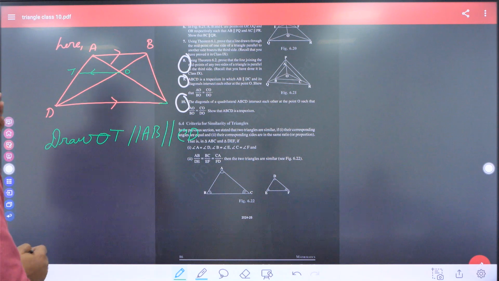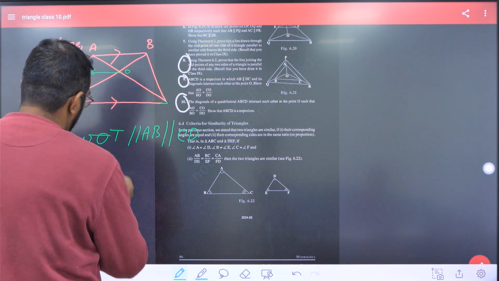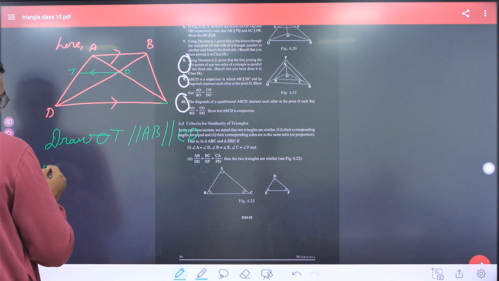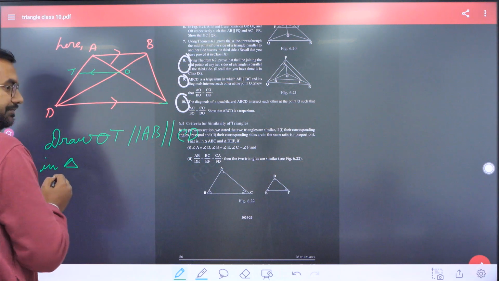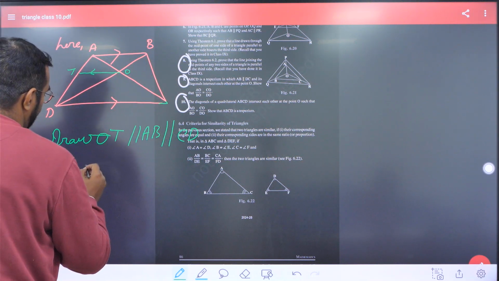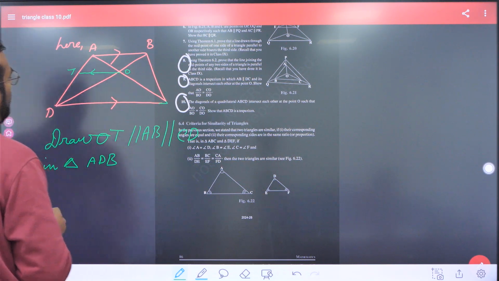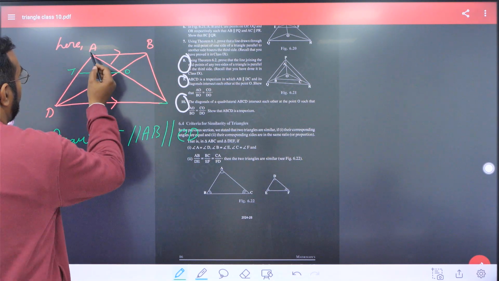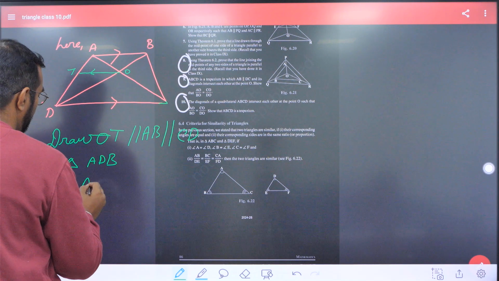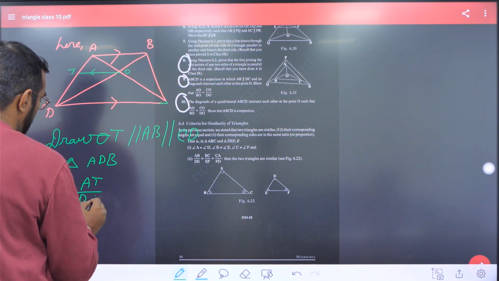This will be automatically parallel to the CD. So we have made a construction. We have drawn OT parallel to AB parallel to CD. Now in triangle ADB, look at AT upon DT.